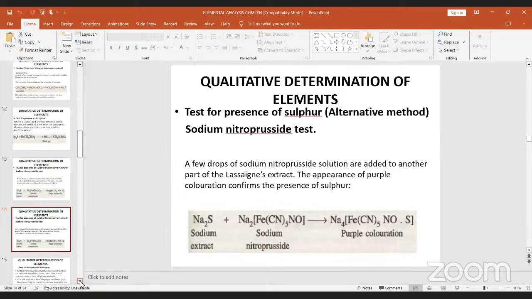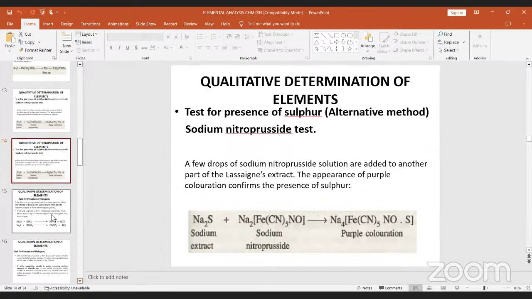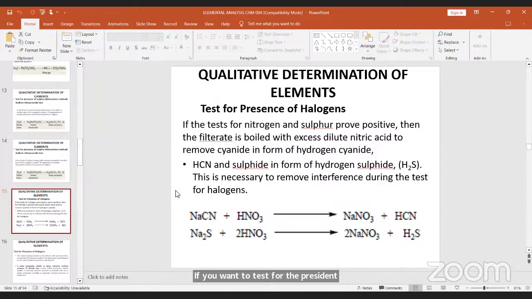Then if you want to test for the presence of halogen, we've looked at that of sulfur, we've looked at that of nitrogen. For the presence of halogen, then you take your filtrate again, your same lassaigne filtrate, okay? You then add nitric acid to it.